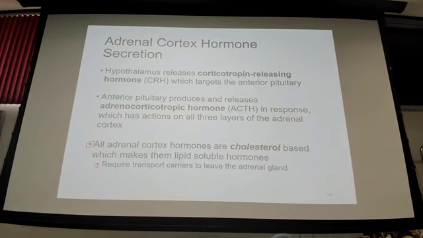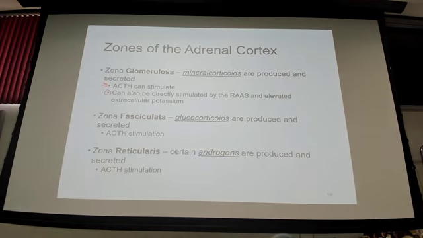So let me explain everything on here. ACTH can stimulate and does stimulate all of the adrenal cortex as it's named, right? Adrenocorticotropic hormone, right? We got it. Glomerulosa, mineralocorticoids, also can be stimulated by the RAS system. Does anybody remember any of our discussion about the RAS and its relationship to blood pressure?